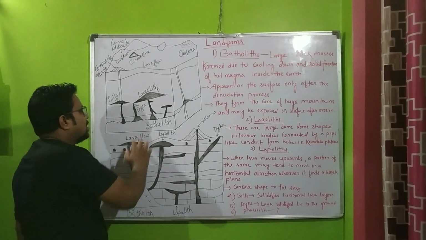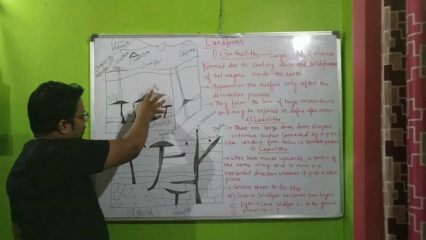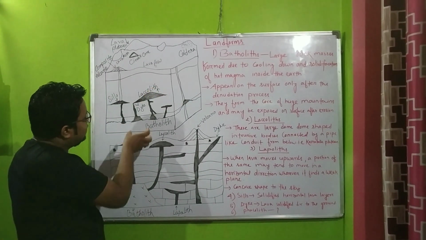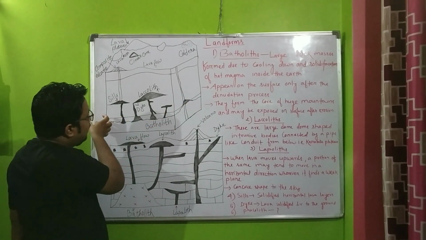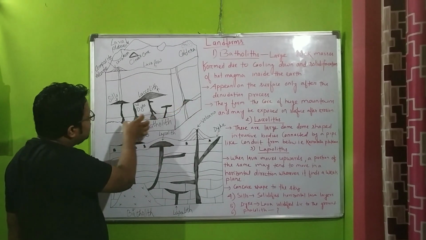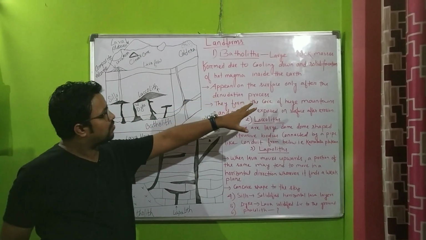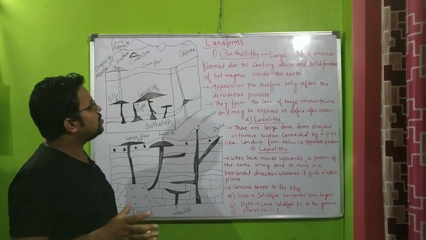This diagram is specially for intrusive landforms, and this one is for both extrusive as well as intrusive landforms. So here, batholiths are this whole mass, large rock masses from here to here. And they appear on the surface only after the denudation process.